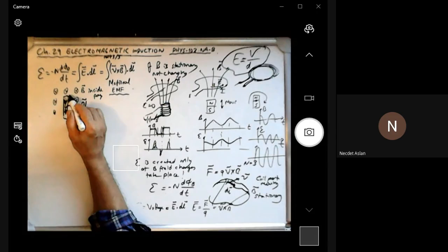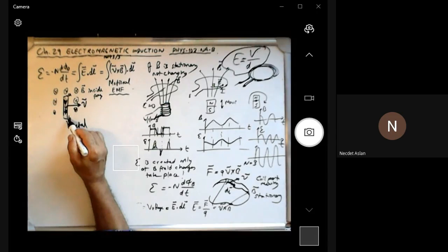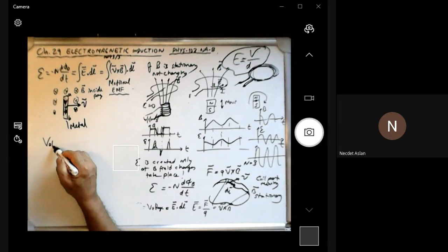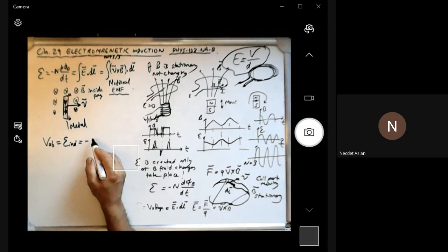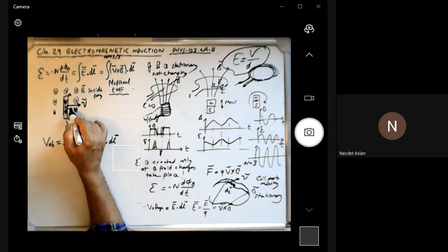So if this is A and B, there will be some kind of VAB, some potential difference is created. And it is called induced electric field, and it's just not with a minus sign. It's just V cross B dot dl, dl being this distance. In this case, let's say this is dx.